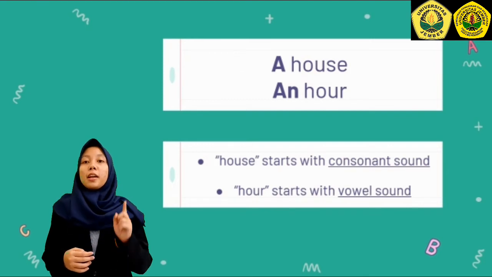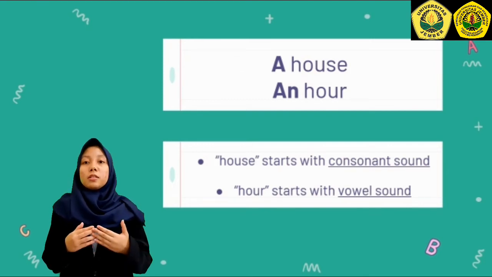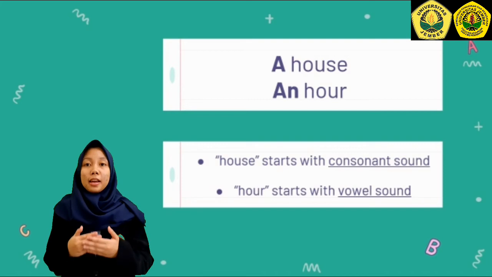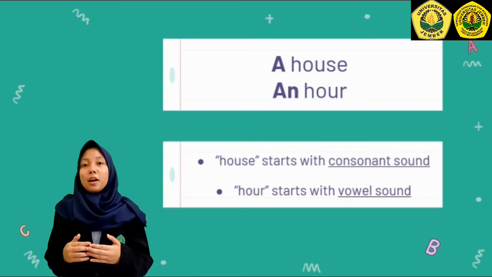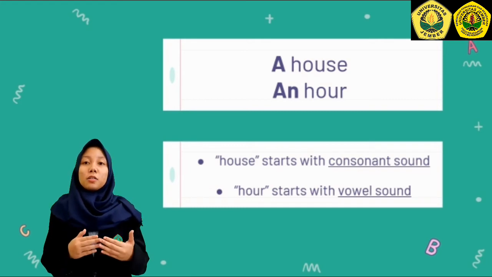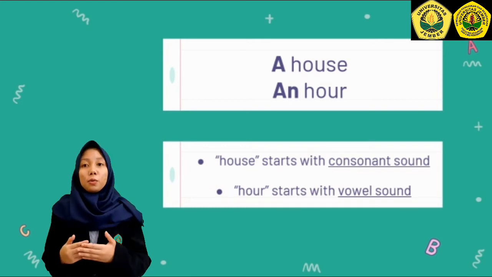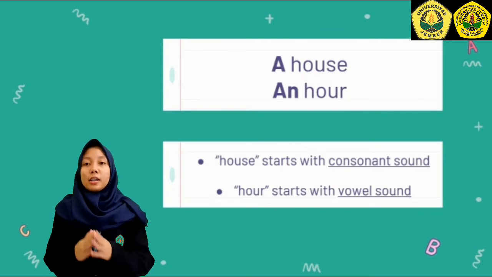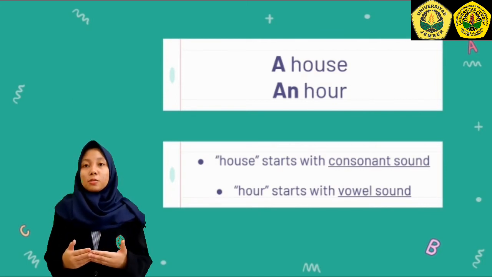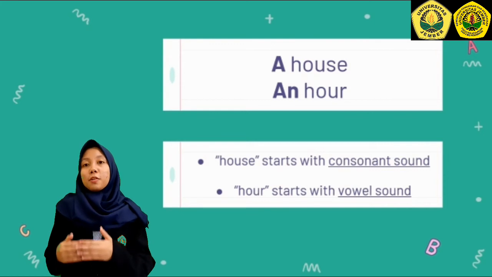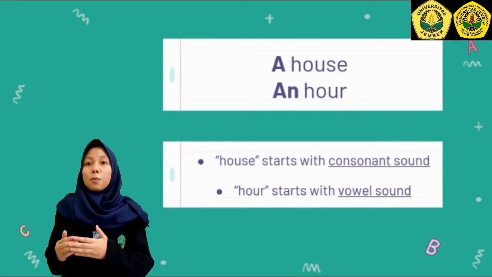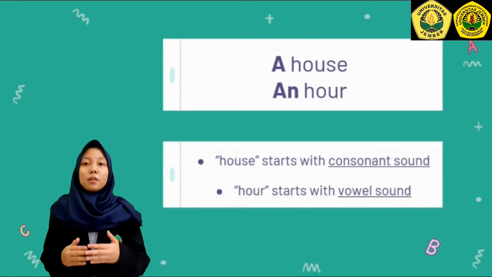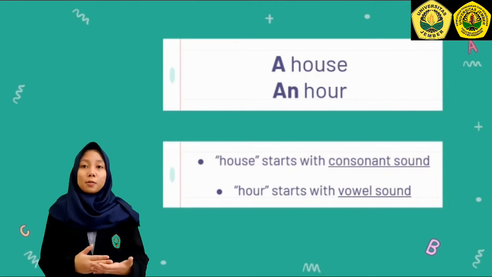So house and hour start with the same letter, that is H. H is a consonant, but in here house uses the article "a" and hour uses the article "an". This is because house starts with a consonant sound while hour starts with a vowel sound.